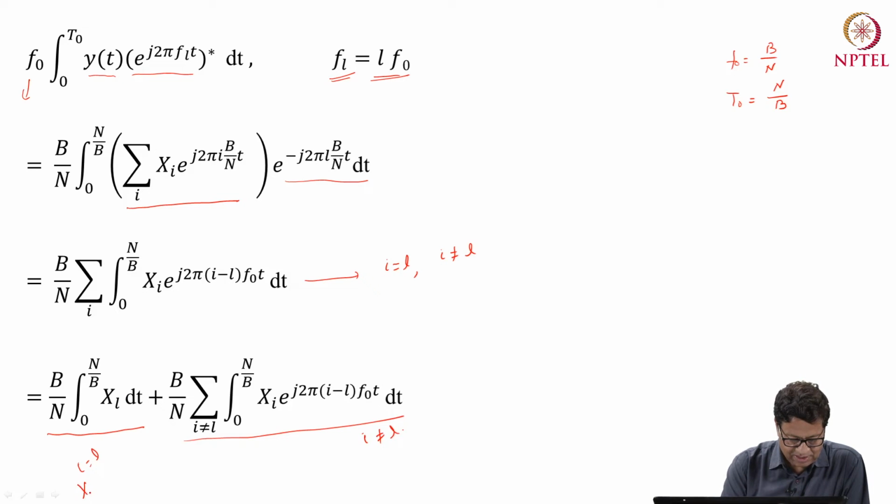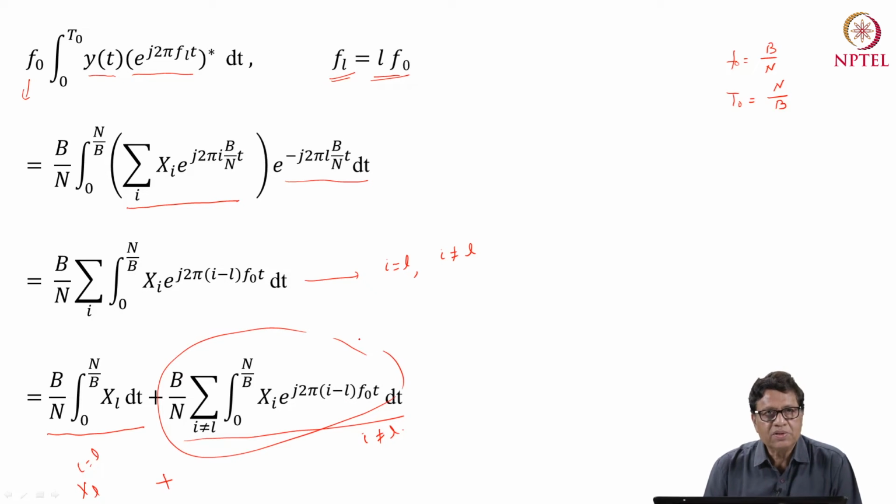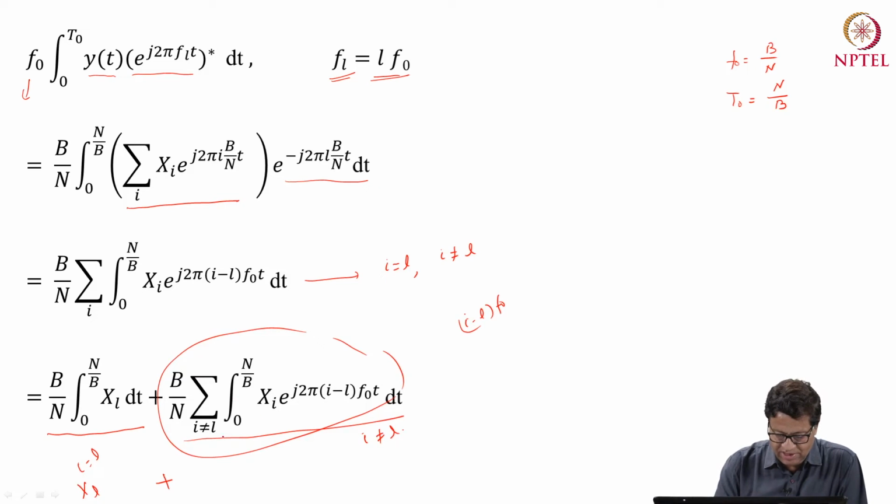So this will give me XL plus this component, the circled one, which is actually 0, because if you see this, (i minus l) f naught is some multiple of the fundamental frequency f naught. And i and l are all integers. So if you integrate over these different multiples of f naught, the integral will give you 0.